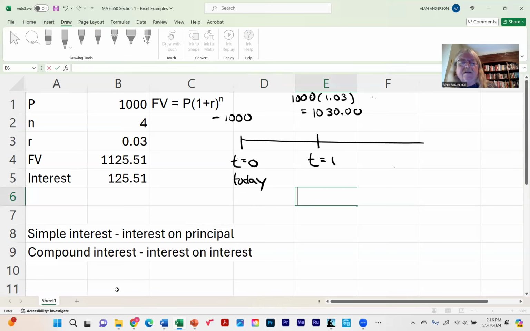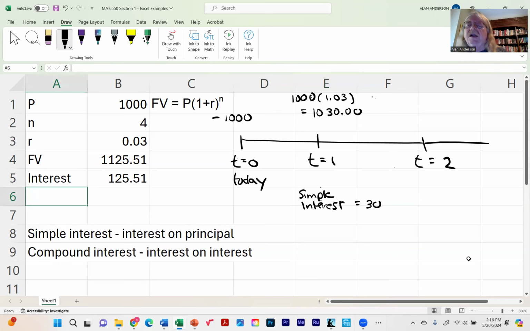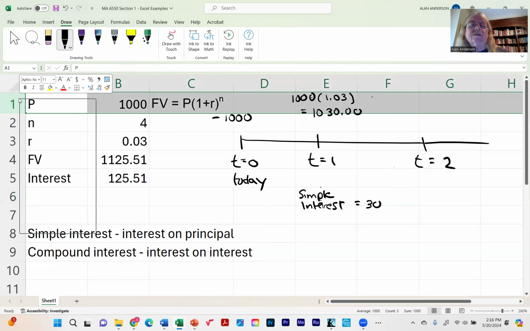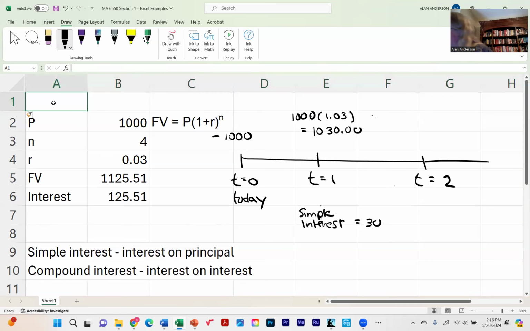I'm trying to line it up properly. Now, in year two, this is where it gets interesting. The 3% is now being based on not $1,000, but $1,030. That's the key to the whole thing.